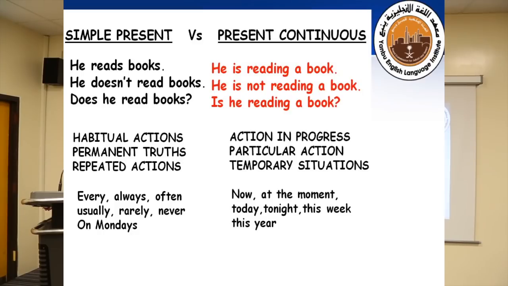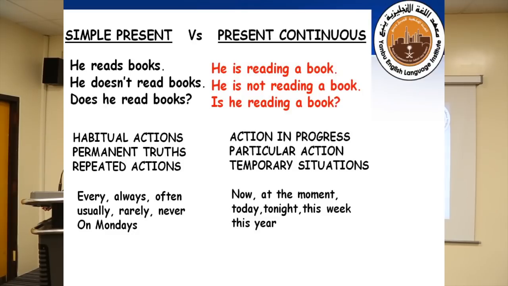Here in simple present, we also use frequency adverbs like always, sometimes, never, usually. Look at the example. He reads books, positive sentence, affirmative. He does not read books. Does he read books? The short answer is yes, he does.